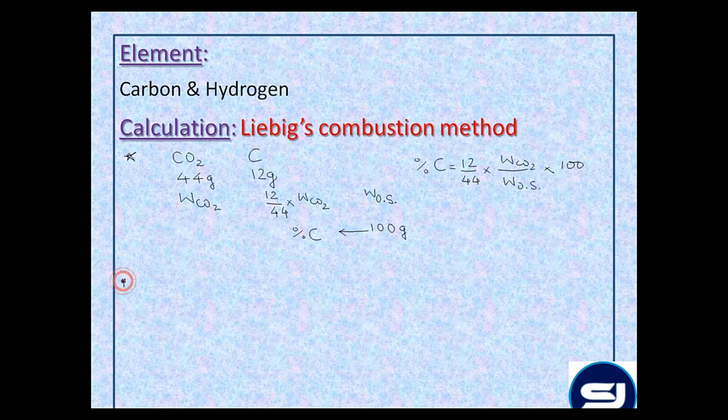On the same lines, we can calculate the percentage of hydrogen formula. So hydrogen is estimated in Liebig's combustion tube via water. So in water having a weight of 18 gram, the amount of hydrogen is 2 grams. So if I have WH2O as the weight of water absorbed in anhydrous CaCl2, then the amount of hydrogen would be 2 by 18 into W of H2O.